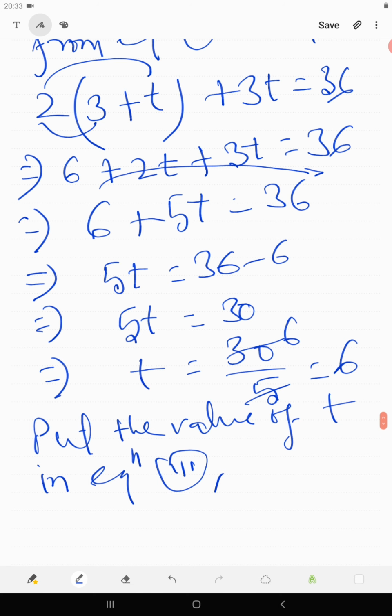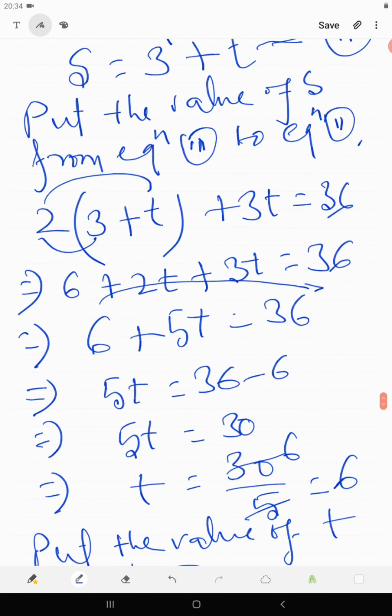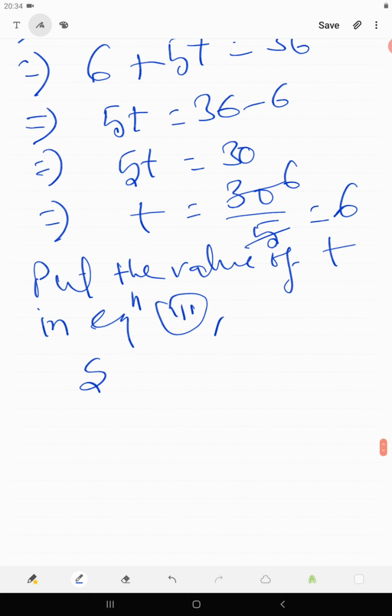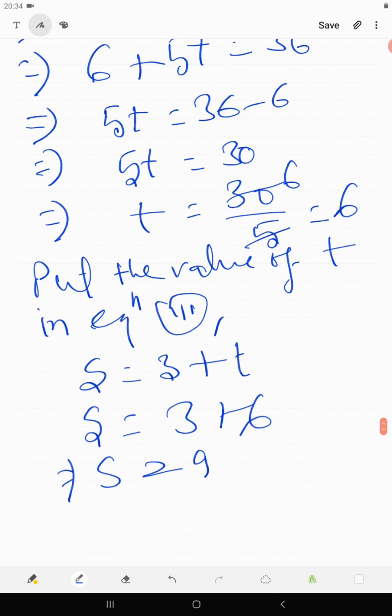So what is equation 3? Equation 3 is s equals 3 plus t. Now put the value of t over here. So we will get s equals 3 plus 6. Simplifying, s equals 9. So we have got s equals 9 and t equals 6 as the answer. So this is our solution.